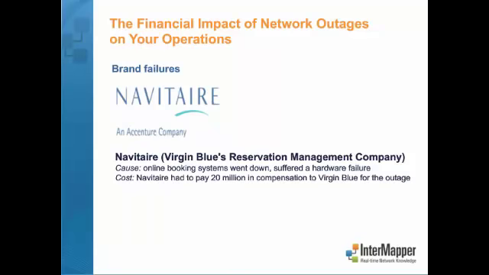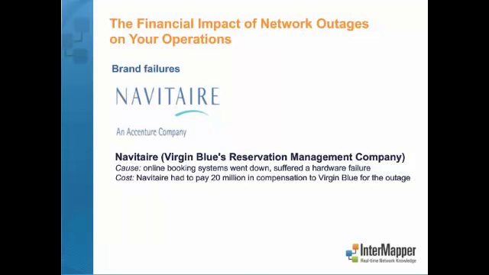Navitaire is a subsidiary of Virgin Blue. It's their reservation management company. So if you've ever heard of Virgin Airlines, they use these guys to do their ticketing and their reservation bookings. So they had an outage.